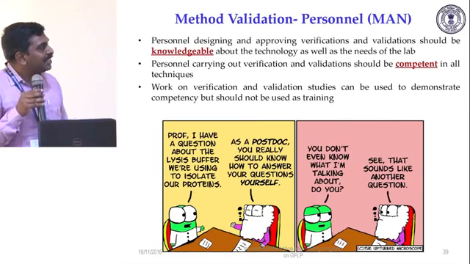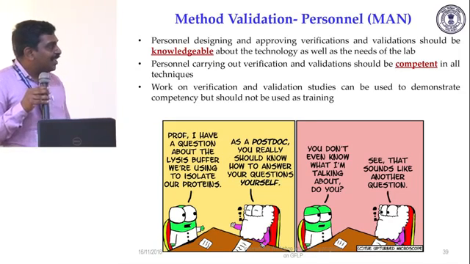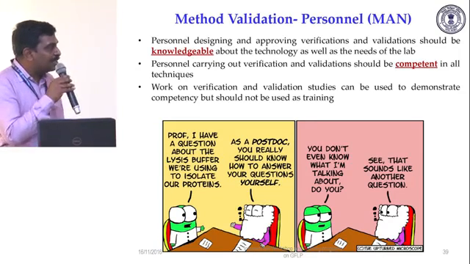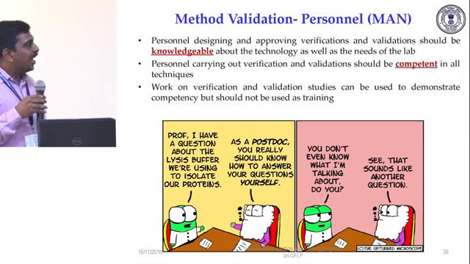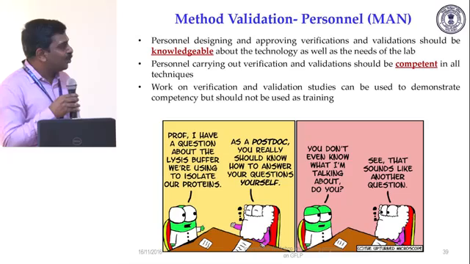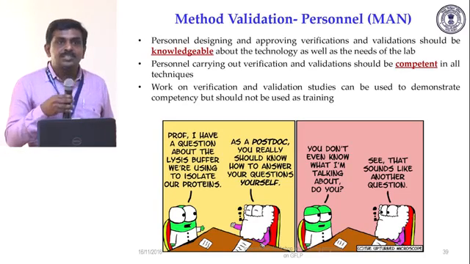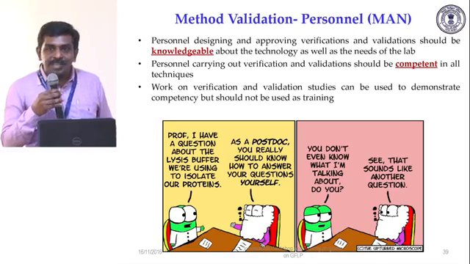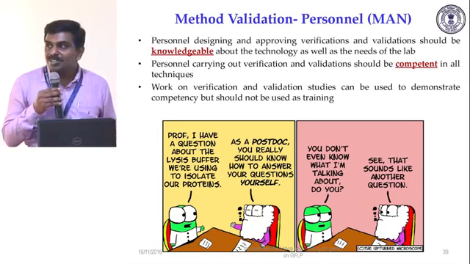This is just an example. A professor is asking a question: we are using lysis buffer to isolate our protein. The answer comes from the person in charge. As a postdoc, you really should know how to answer your question yourself, because the person in charge doesn't know. So he is confused. Then again he asks, you don't even know what I am talking to you about.